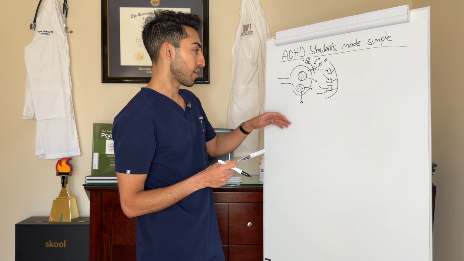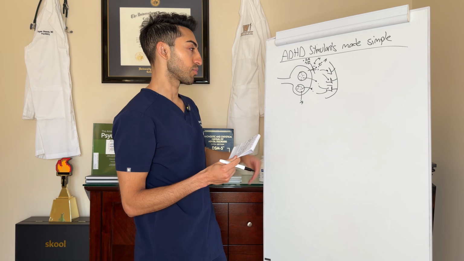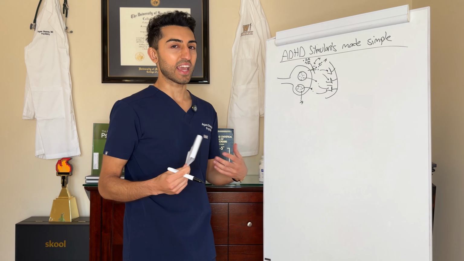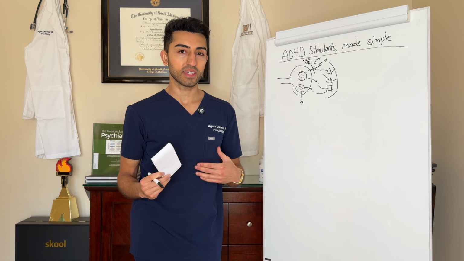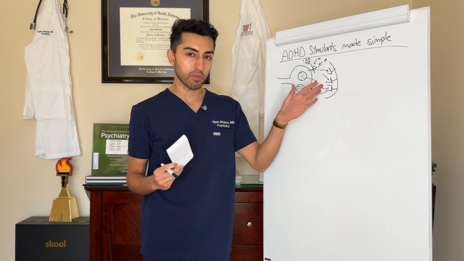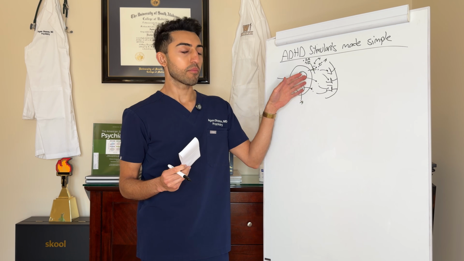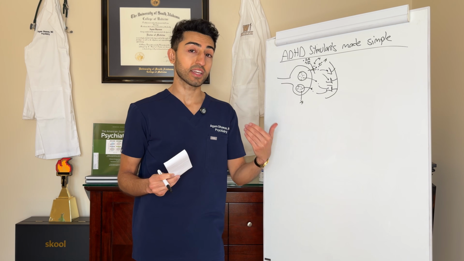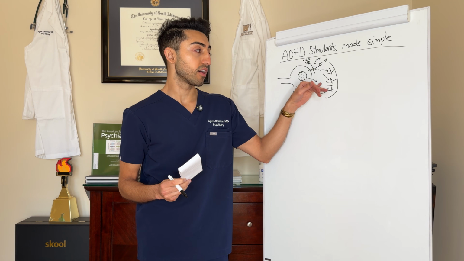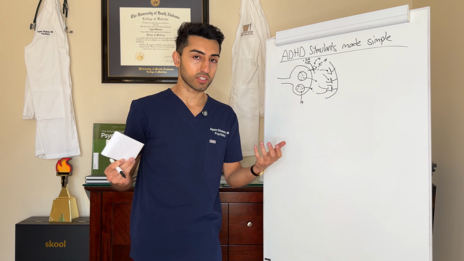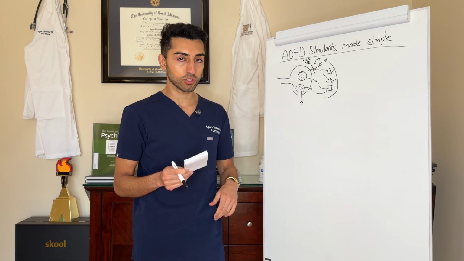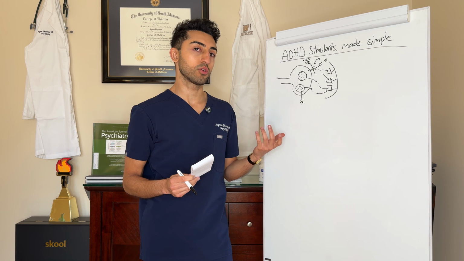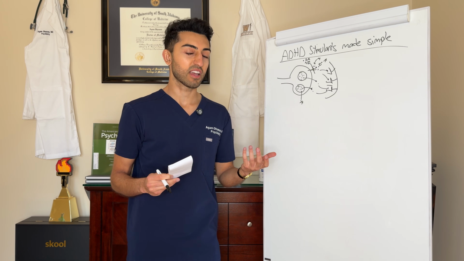So basically, it blocks the reuptake and it helps release it. So that's why, just anecdotally, amphetamine tends to be considered stronger. You get more of a dopaminergic push. The methylphenidate tends to be started in kids first, just because it's less intensive. But obviously, amphetamines are also used in kids too. And plenty of adults may use methylphenidate instead of amphetamines.